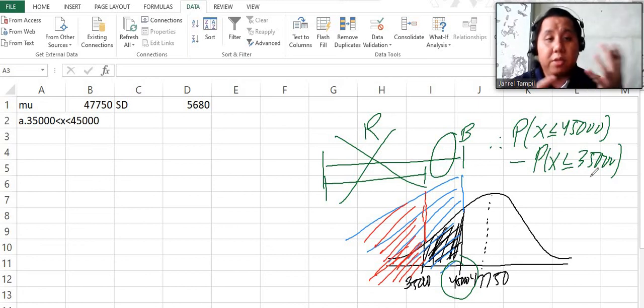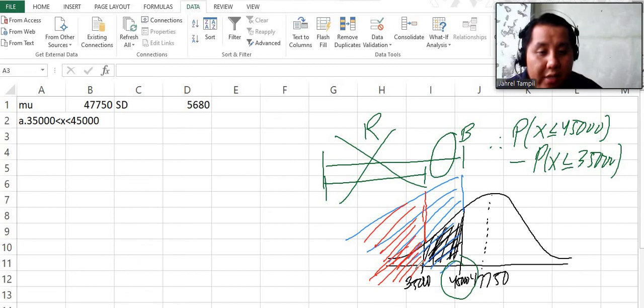Because again, the reason why we did that is because Excel, and even in manual computation, we only get the probability from the left. That means, as illustrated here, it's less than. So we would need now to subtract this area, the one in red, from the one in blue so that we can only get what we need, which is the area in black.